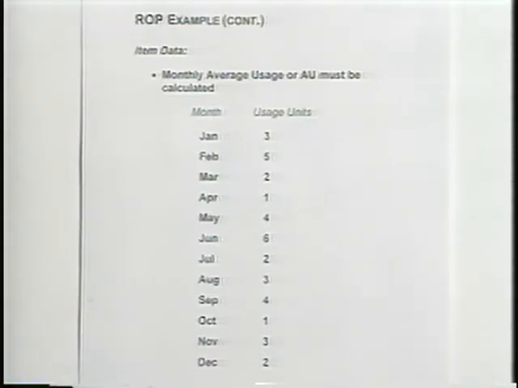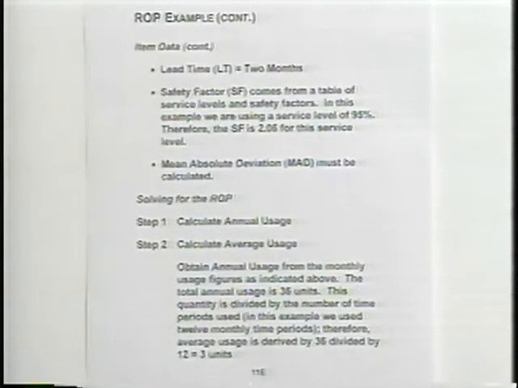Now, moving over to page number 11E, we have some other data. In addition to the usage, we have the lead time, which is identified as 2 months. We have a safety factor, which comes from our table of safety factors and service levels. This is in a notebook I've made reference to before.